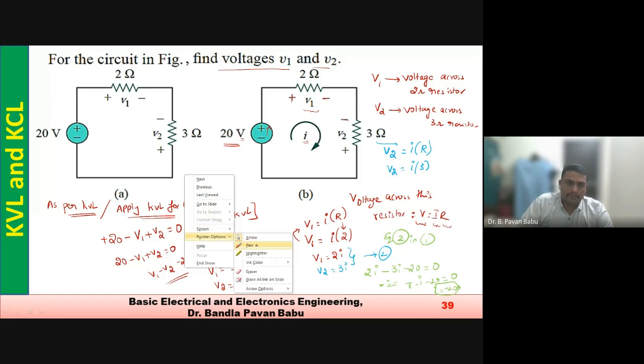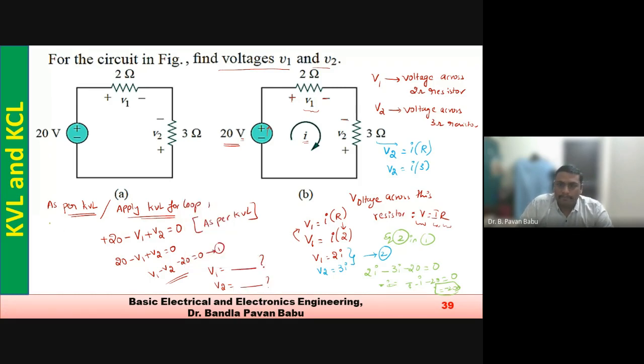If it is a mistake, we can check it later, right? So it is found that I equal to 20 amps. Then you can substitute here and you can find out V1 and V2. So what is I here? 20 into 2, and here it is 20 into 3.